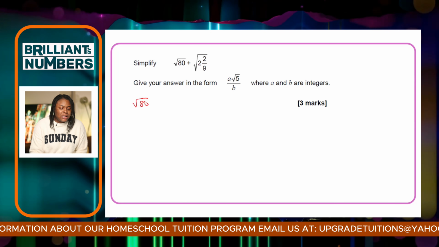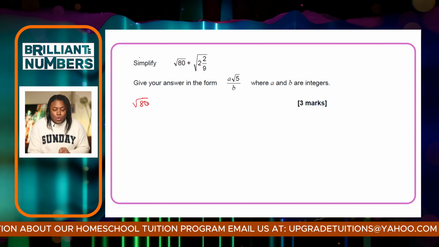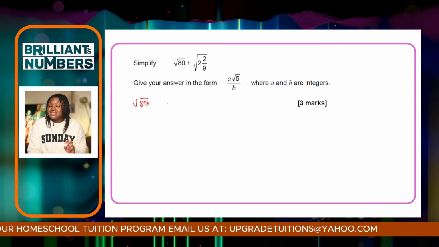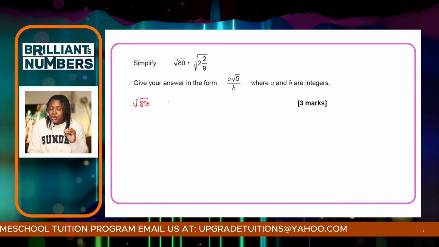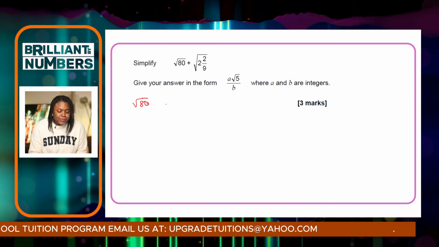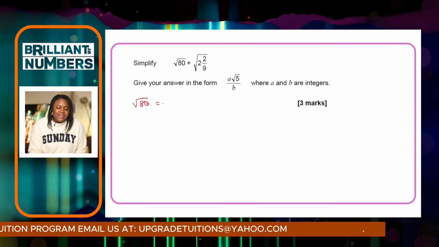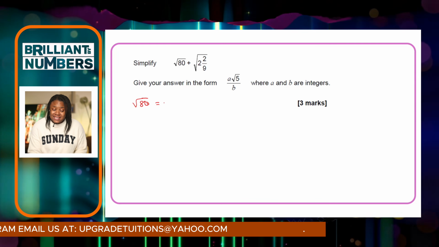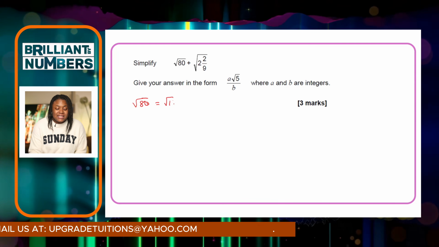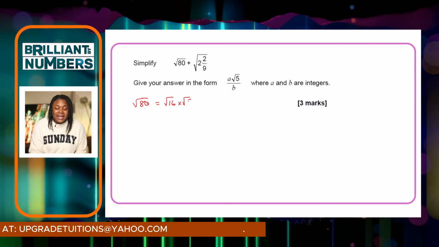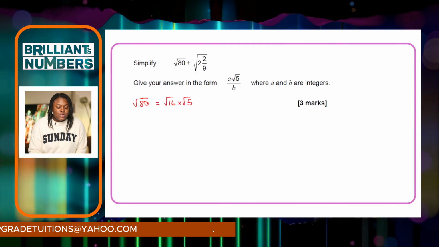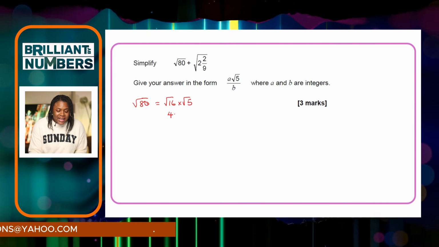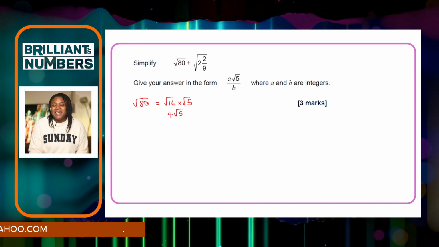Remember, when we are simplifying a surd, we are breaking it out into two factors, one of which has to be the largest square number that's a factor of that number. So for root 80, the largest square number that's a factor is 16. Yes, 16, because root 16 times by root 5 gets us root 80. So square root of 16 is 4. 4 times root 5 is 4 root 5.